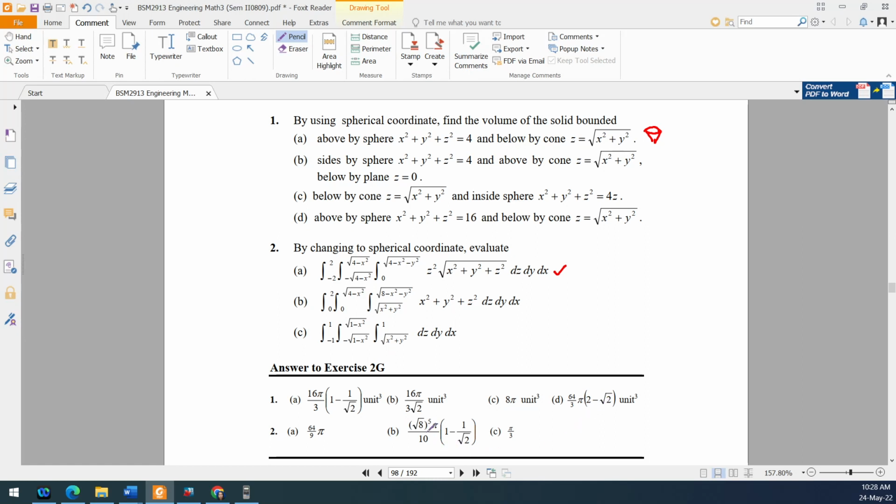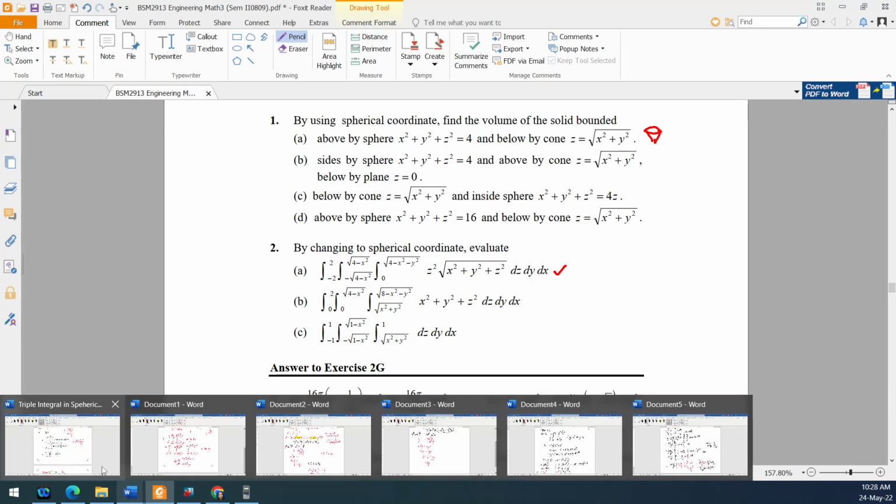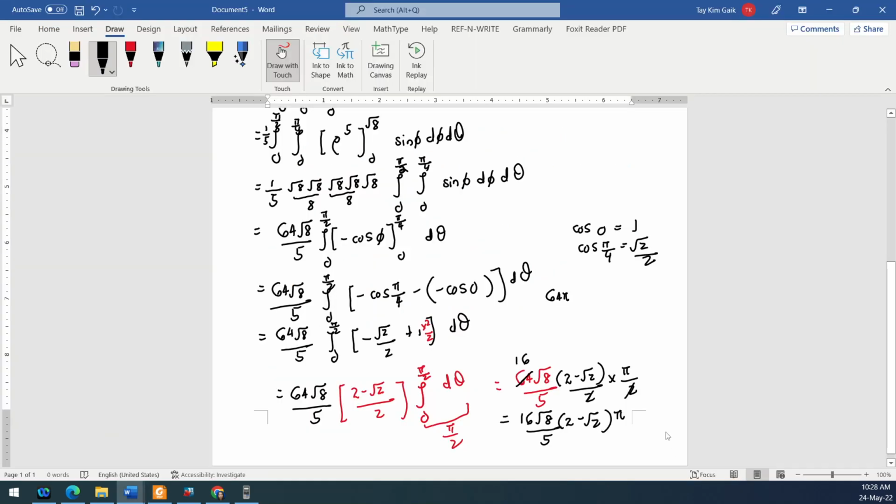Question 2b, the answer, oh, this one: root 8 to the power 5 pi over 10 times 1 minus 1 over root 2. They write the answer in this form.